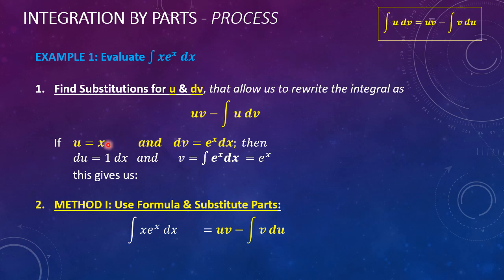Well, u is x, v is e to the x, so this term becomes x e to the x, minus the integral of v, which is e to the x, and du was simply 1 dx, which is dx. And of course the integral of e to the x is simply e to the x. So we get x e to the x minus e to the x plus our integration constant.